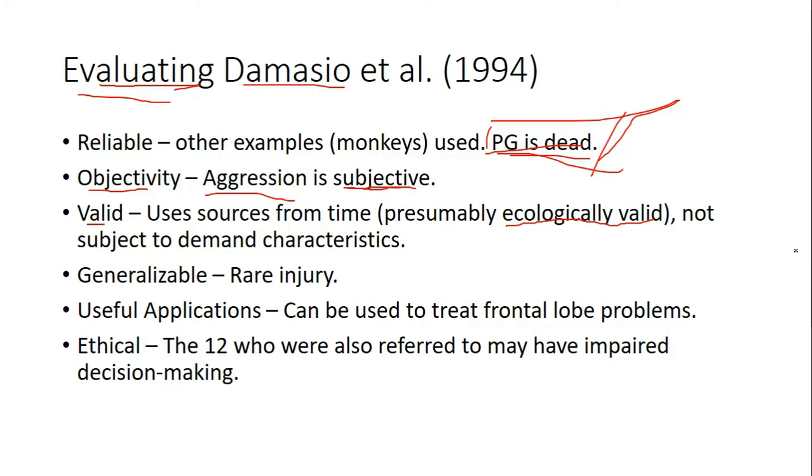It's also not subject to demand characteristics. Demand characteristics is something else you should know. Demand characteristics means that a participant is acting the way they think the researchers want them to act.